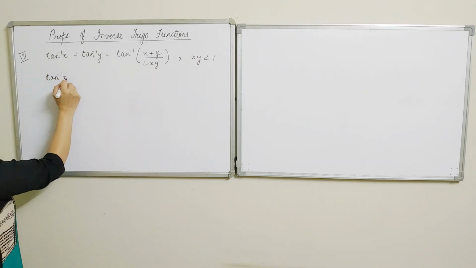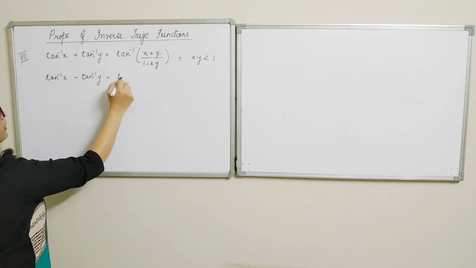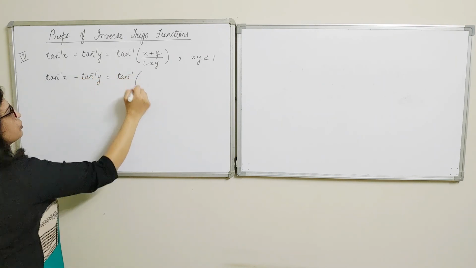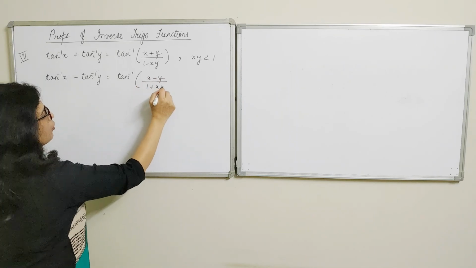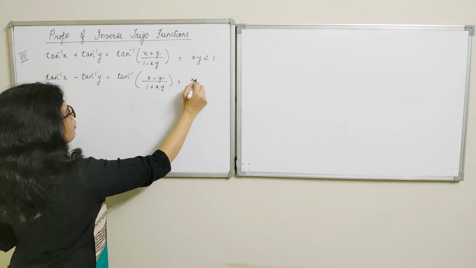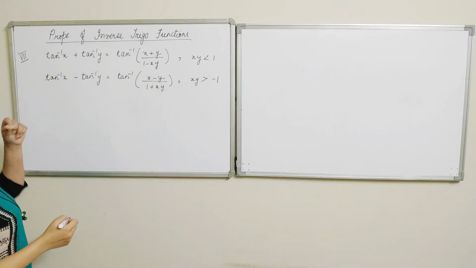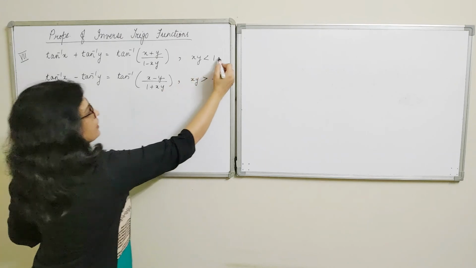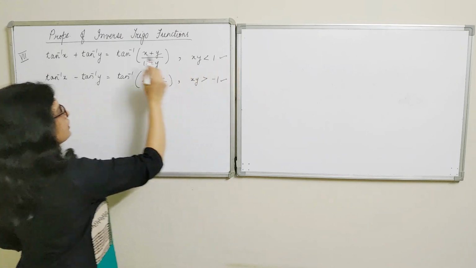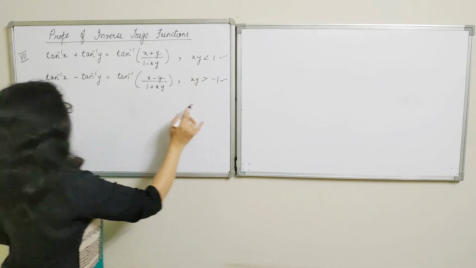Next result, tan inverse x minus tan inverse y is equal to tan inverse of x minus y upon 1 plus xy, where xy is greater than minus 1. Now when we are adding two tan inverse functions or subtracting two tan inverse functions, then these are the conditions which we need to check. The identity can be used only when these conditions are satisfied.